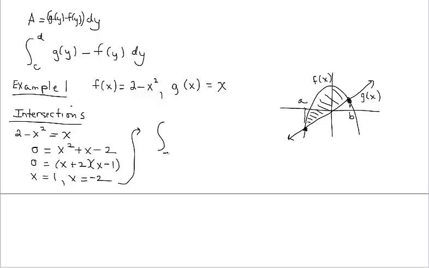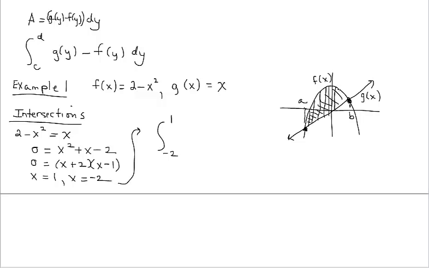Well, from left, x = -2, to right, x = 1, we have our limits. The top curve is f of x, the bottom curve is g of x. And always pay attention to the fact that as you travel from left to right, you're stacking vertical rectangles, because we put in vertical rectangles with respect to x, since the thickness of each rectangle is a change in x, dx.